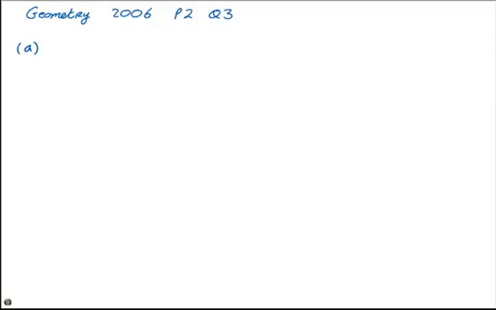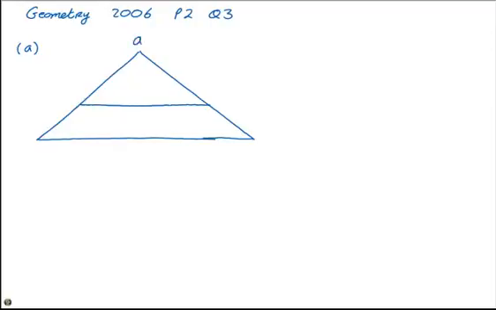You have to make sure that you read the information that you're given. So you're given a triangle ABC. And you're told that the line MN is parallel to the baseline BC.